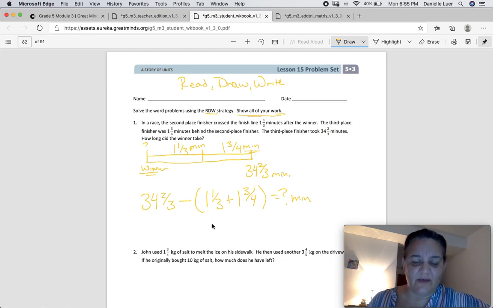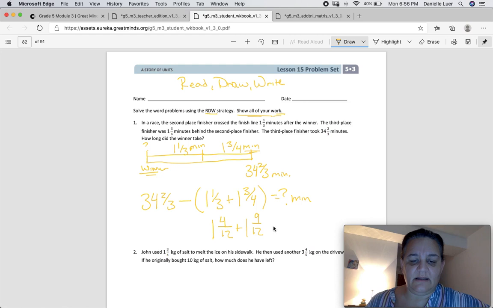So here we've got 1, and my common denominator here is going to be 12. If you don't know why that's 12, then come see me. But 3 times 4 is 12, so that's going to be our common denominator. And this is going to be 9/12, and this is going to be 4/12.